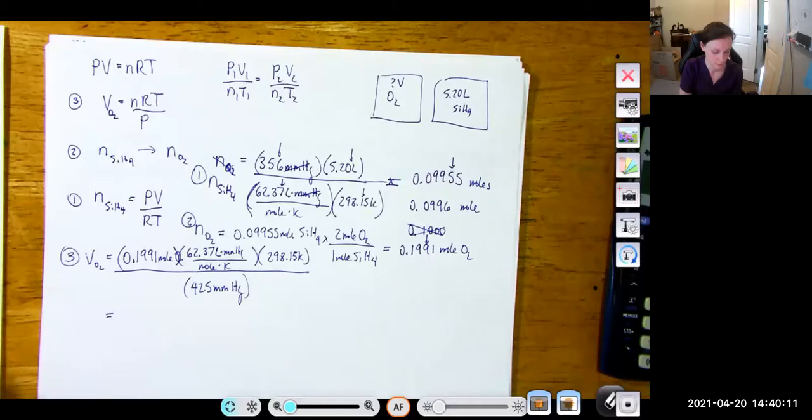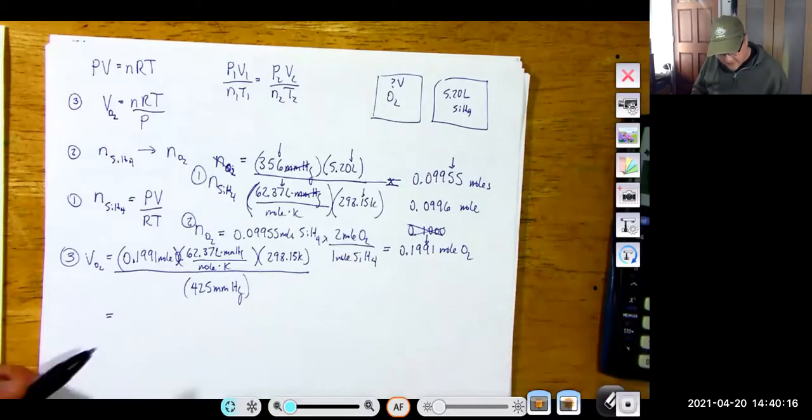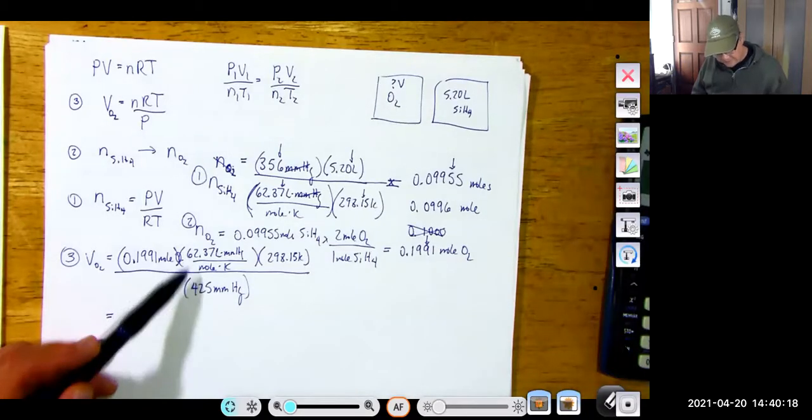Now, when it's that hard for you to do, maybe we should try something else. How about how many times does 62 go into 425?